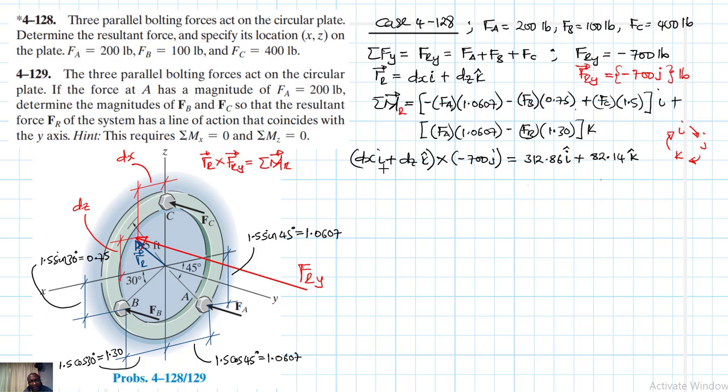So dxi cross J, so I cross J is what? Is K. So this just becomes minus 700 dx K. Okay, K, right? So I, J, K. All right.